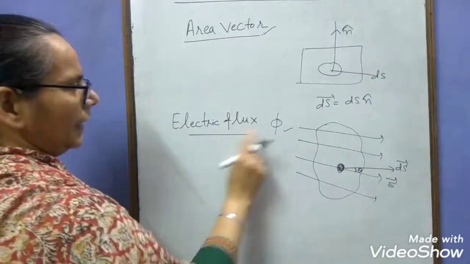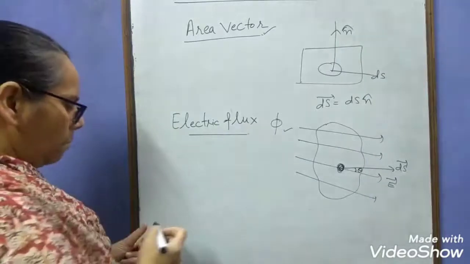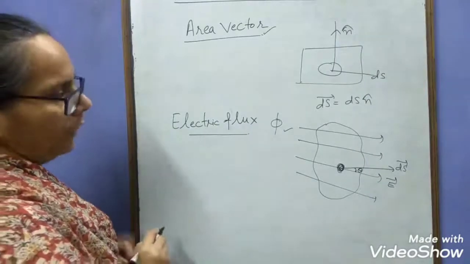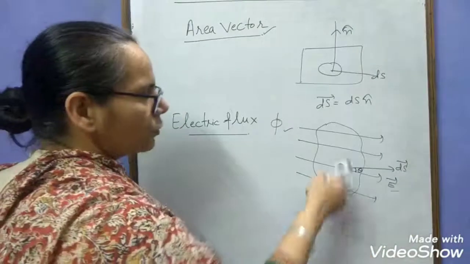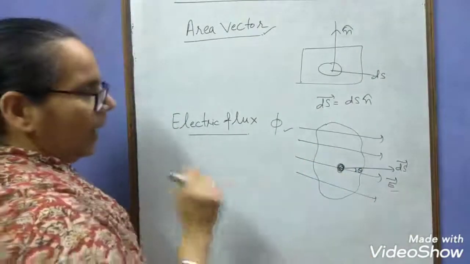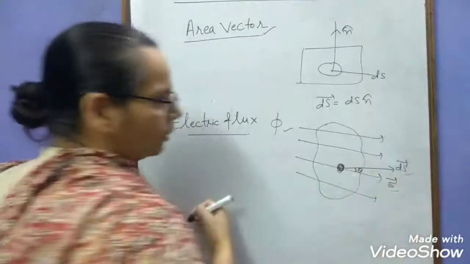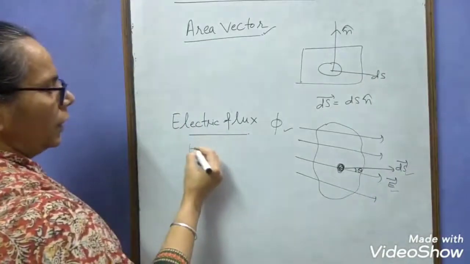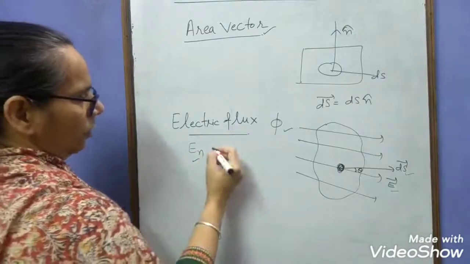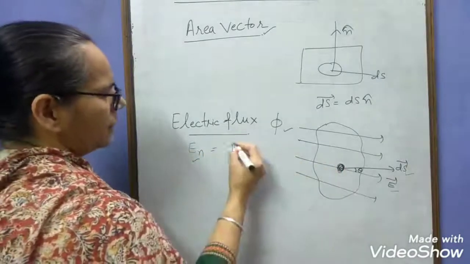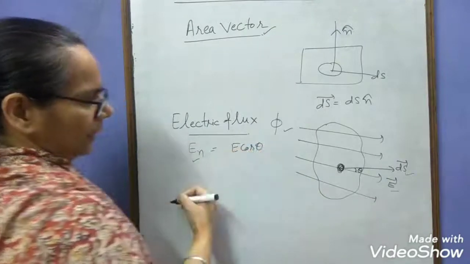Now we consider the number of field lines passing through the surface normally. So we are considering the component of the electric vector which is normal to this surface, and the area vector is always normal to the surface. So the component along the area vector is considered as normal, and here it is E cos theta.